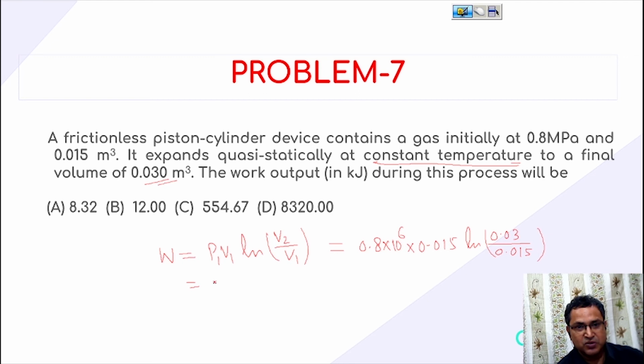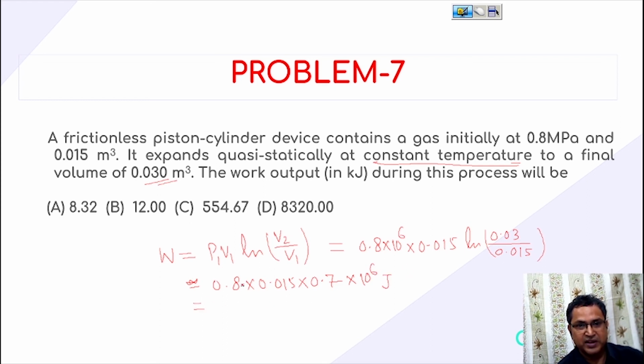So this comes out to be 0.8 into 0.015 into 0.693. I am just taking the approximate value as 0.7. Well, it is 0.693 into 10 raised to the power 6, this much amount of joule.